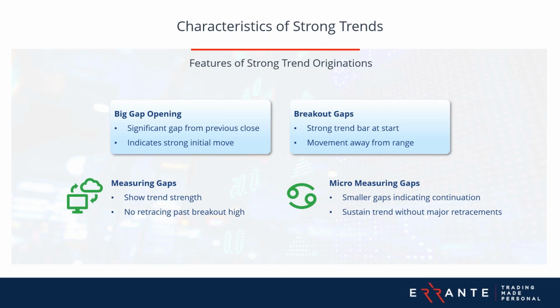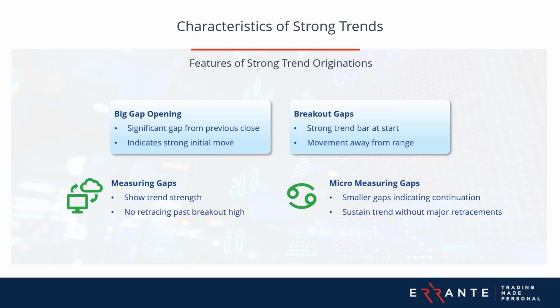And we will walk you through real-time examples for sure, but let me just complete the definition of each of them. The next one is the micro measuring gaps, and micro measuring gaps are smaller in scale but serve a similar purpose. They often appear in shorter time frames and signal the continuation of a trend with less significance than full measuring gaps, but still indicate that the trend is likely to proceed. Characteristics include, first, size: smaller than measuring gaps, as we discussed, but noticeable in the context of short-term trends.